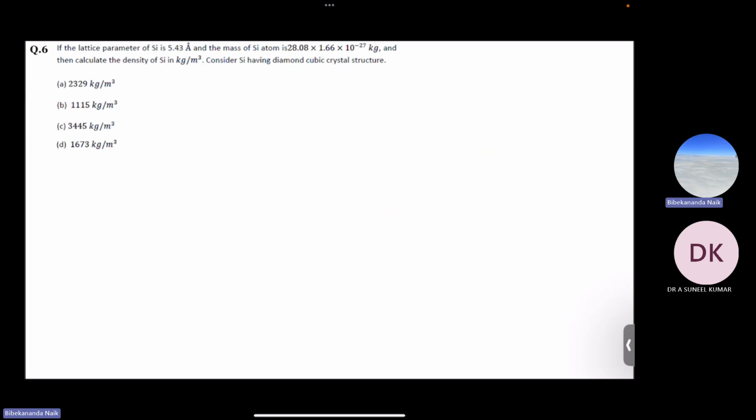The options are: option A 2329 kg per meter cube, option B 1115 kg per meter cube, option C 3445 kg per meter cube, and option D 1673 kg per meter cube. So these are the four options, and we will calculate the density of silicon in kg per meter cube.